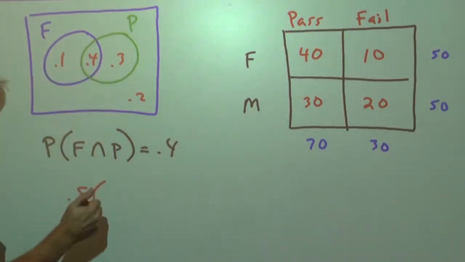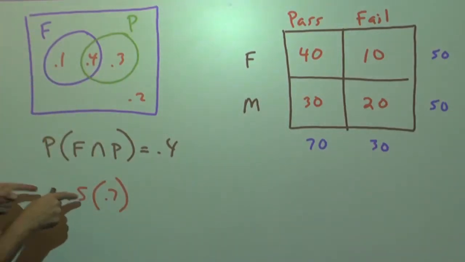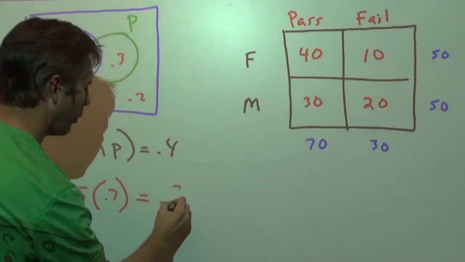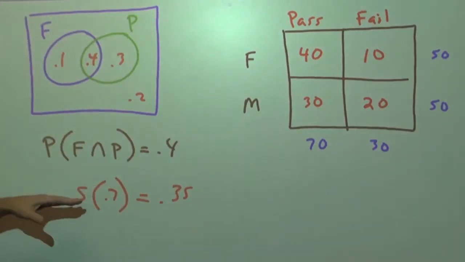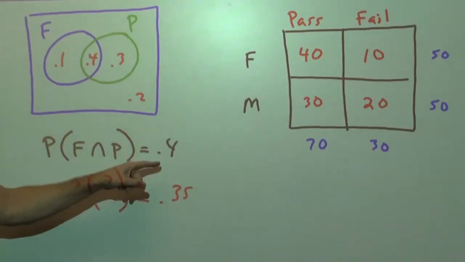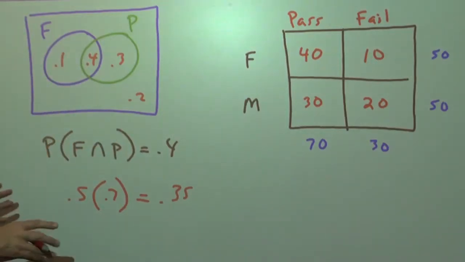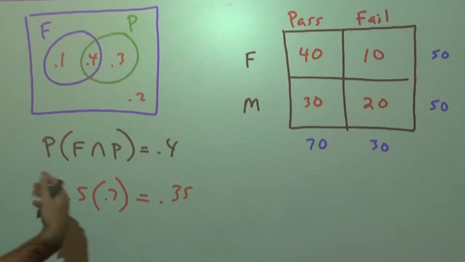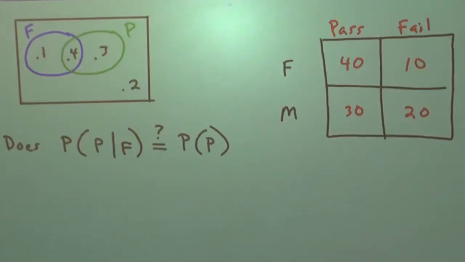Altogether, 70% of the people passed the test. But when you multiply that together, you get 0.35. So by multiplying the two probabilities together and not getting what you find in the intersection, your conclusion is these are not independent events. It depends on your gender as to the likelihood of passing the test.